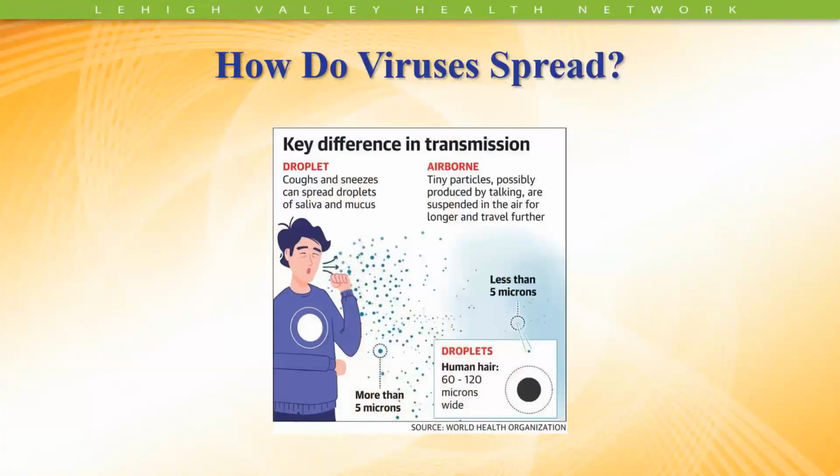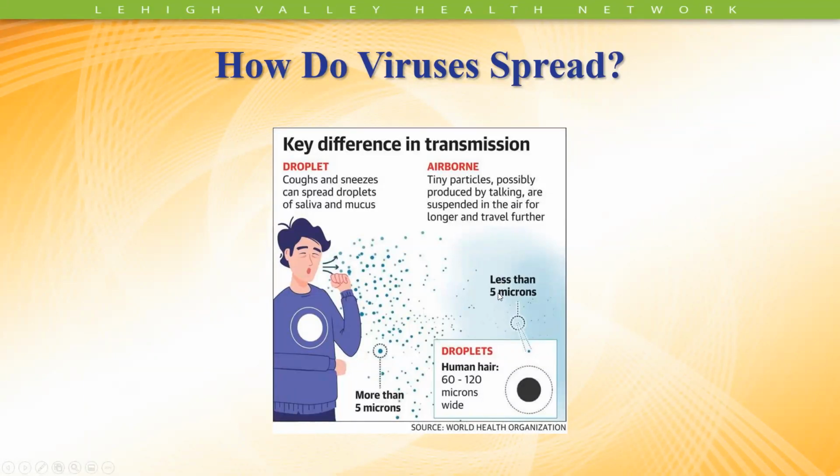Now, the question always becomes how the viruses spread. They can be droplets from coughing and sneezing, that spread droplets of saliva and mucus. A lot of these are large. If they're 5 microns or more, they will not go into the lung. They will end up going down and dispersing before they get to the airway. Airborne particles are tiny particles produced by talking and suspended in air for longer time periods, and they travel further.